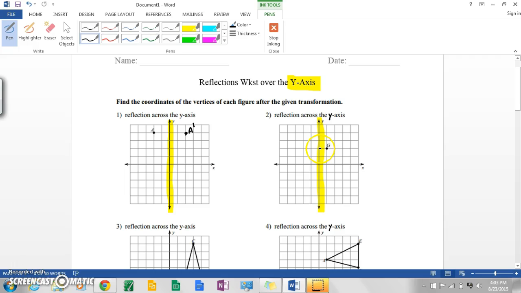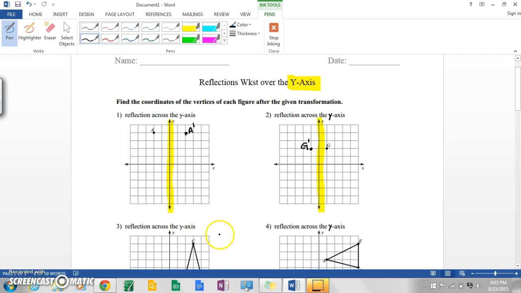So I start at my y-axis, I move 1 unit to the left, and that's where G prime is going to be. You can see if you fold it over this y-axis, G prime is going to end up right here. 1 unit away from the y-axis on this side, it's going to be 1 unit away from the y-axis on this side.